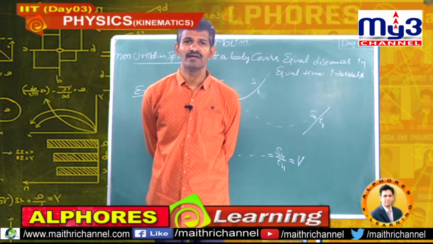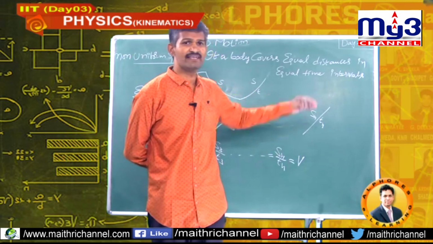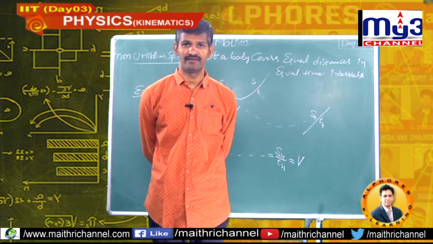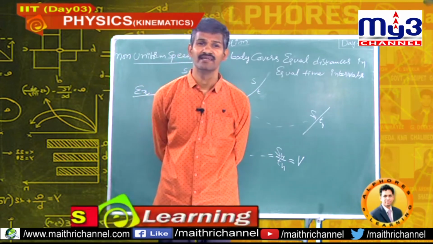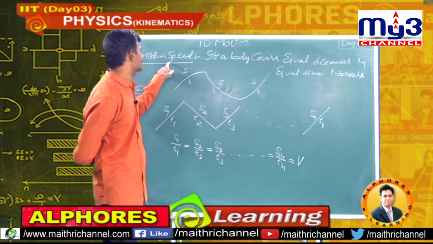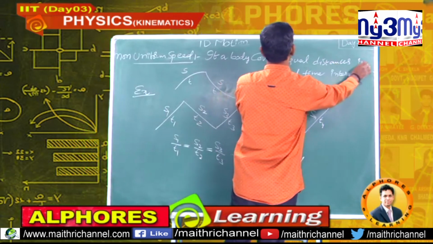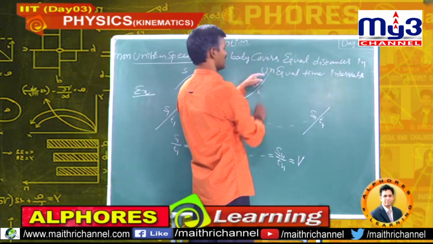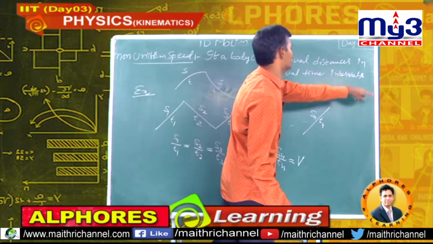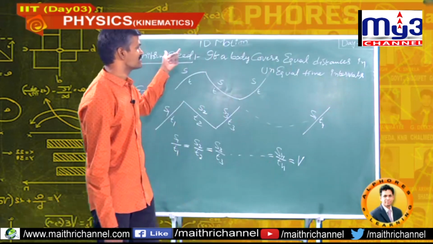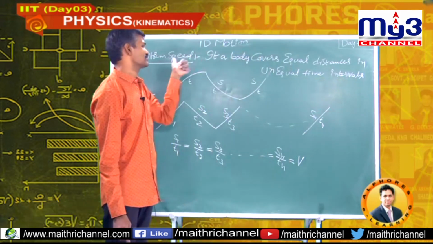Students, our next speed is non-uniform speed. What is non-uniform speed? If a body covers equal distances in unequal time intervals, then that body is said to be in non-uniform speed.